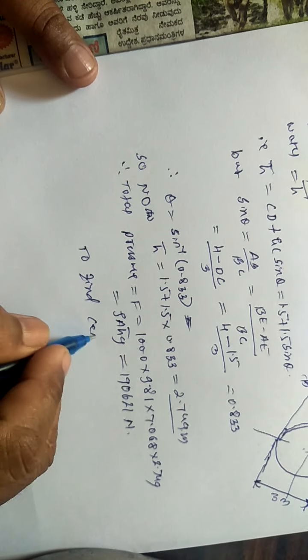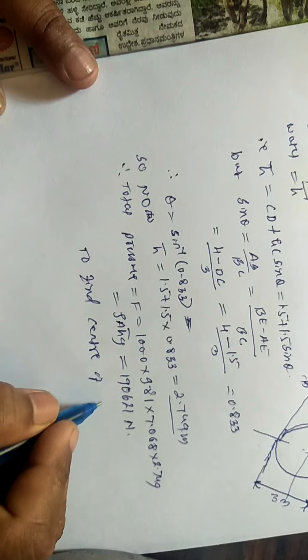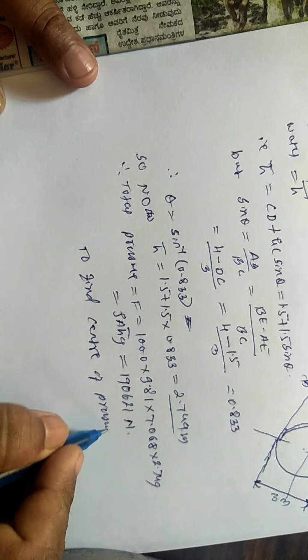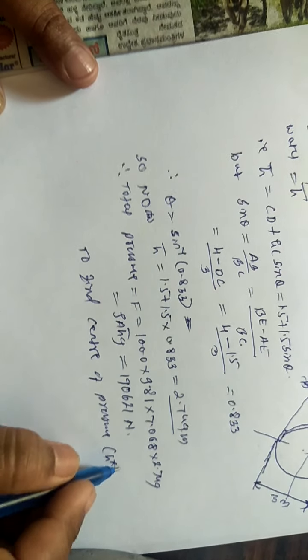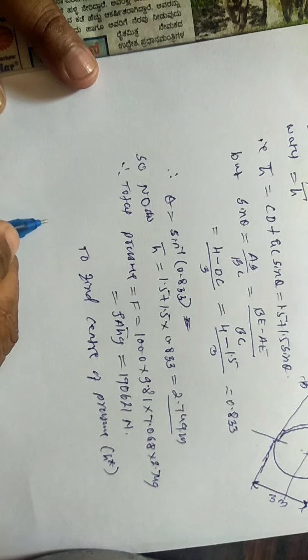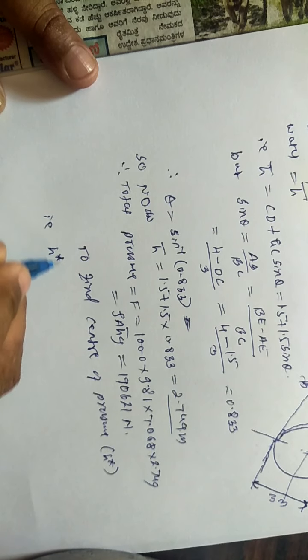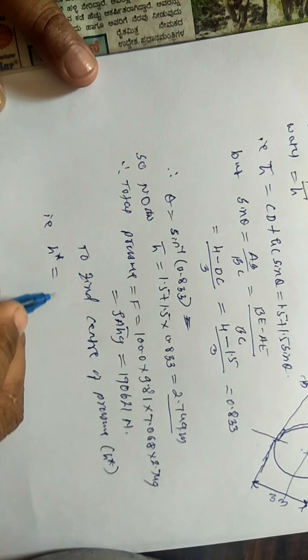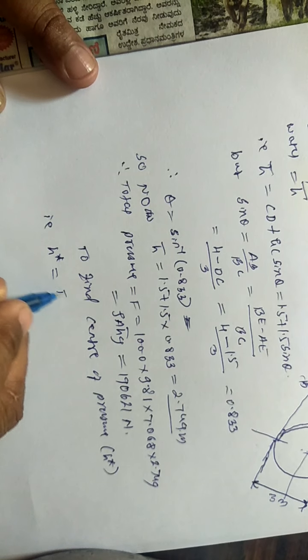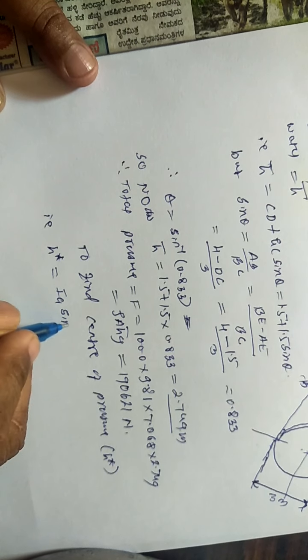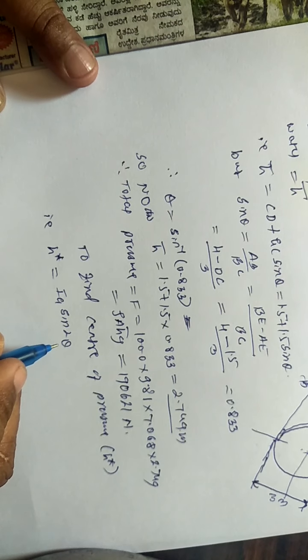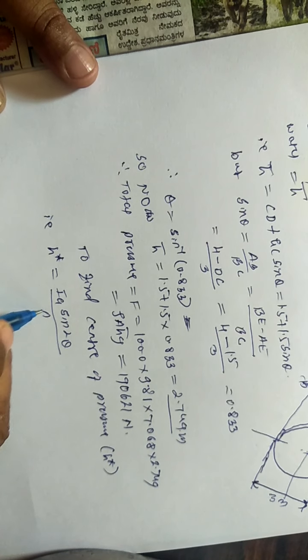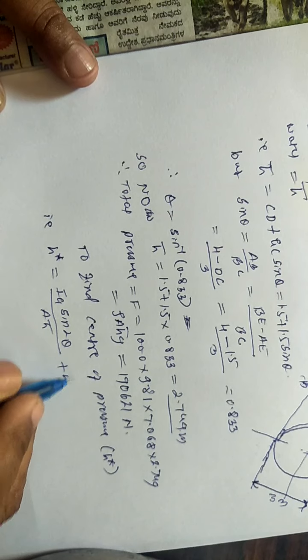Next, to find the center of pressure, that is h star. h star equals Ig sin square theta divided by A h bar, plus h bar.